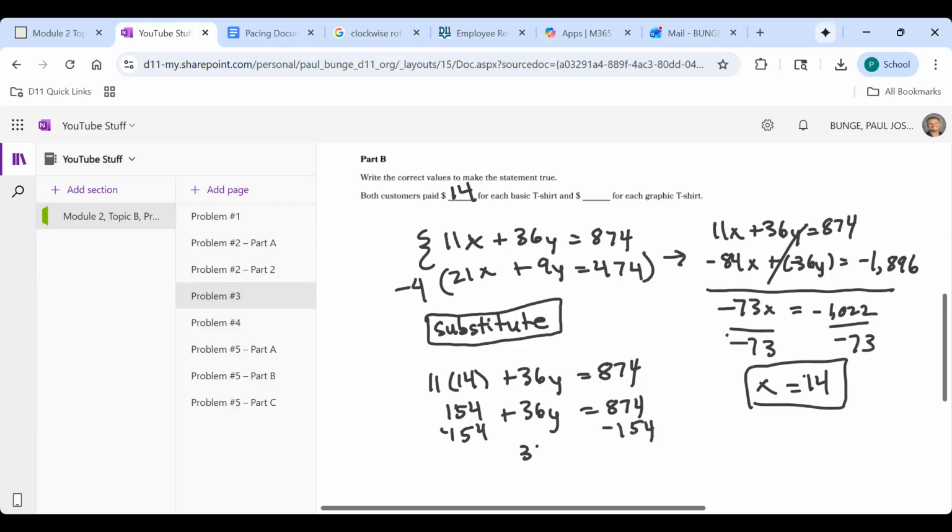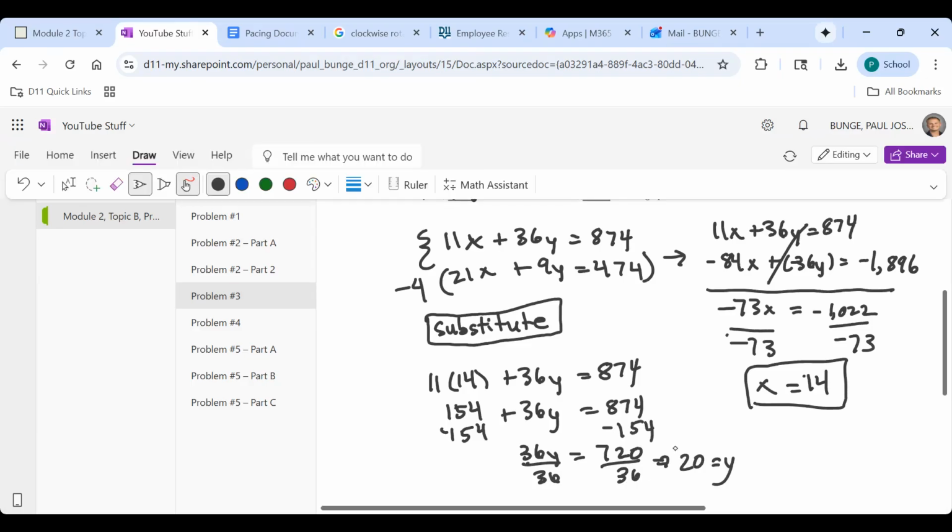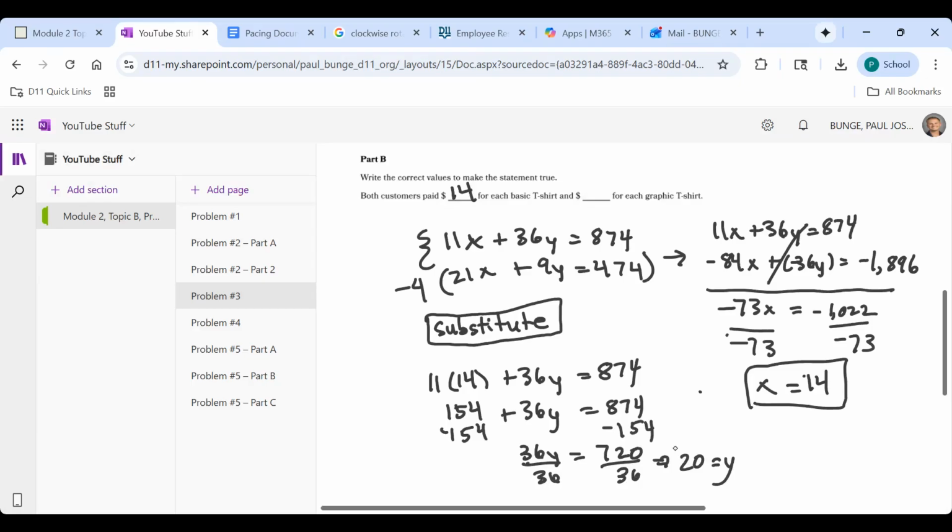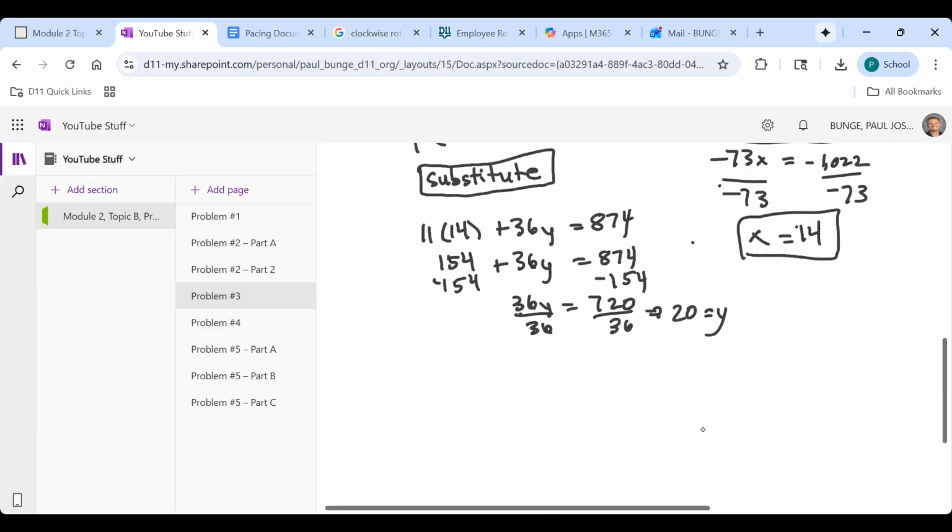So 36y equals 720. When I divide that by 36 on both sides, it takes two 36s to get to 72, and we have a 0 on the end, so I know that y is going to equal 20, and y is represented by our graphic t-shirts. Okay, so we've got the first three problems done.